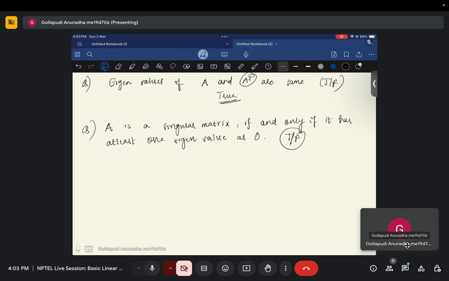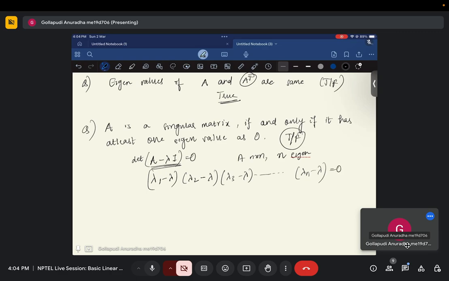Okay. So when you find the eigenvalues, the determinant of this thing has to be 0. So for that you will find the eigenvalues. And suppose A is an n by n matrix, then you have n eigenvalues. If lambda 1, lambda 2, up to lambda n are the eigenvalues, then you can write it like this.